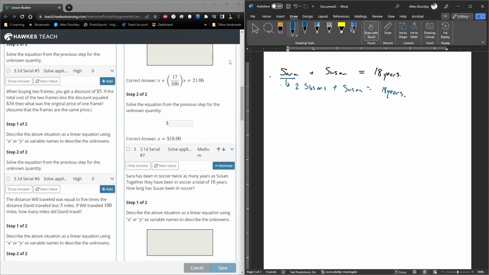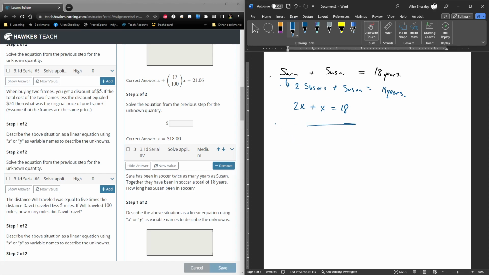Okay, because for every year that Susan is in, Sarah has 2. So for us, though, Susan and Susan don't really work. We need different labels. So we'll say 2x plus x equals 18. I think that's going to be your answer to your first equation.